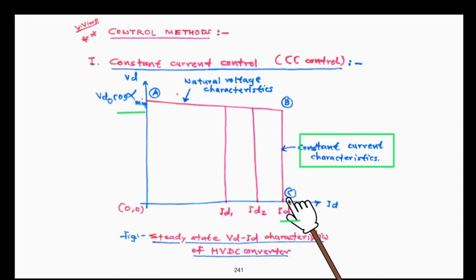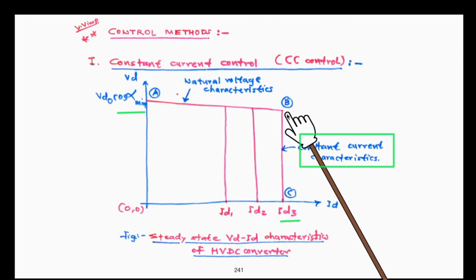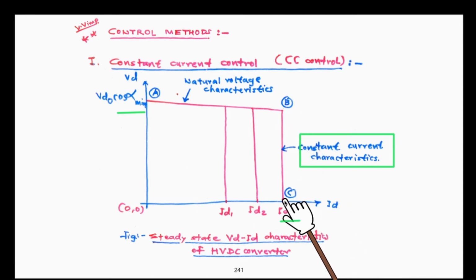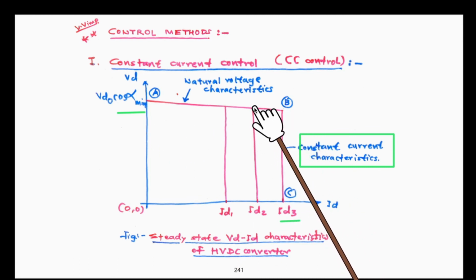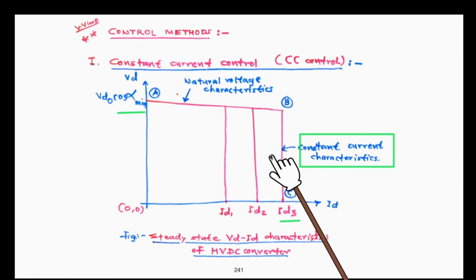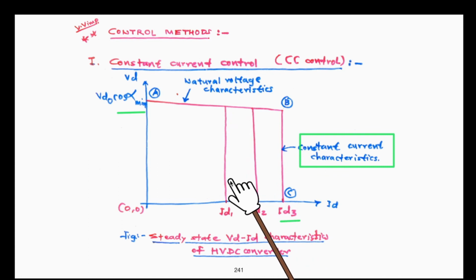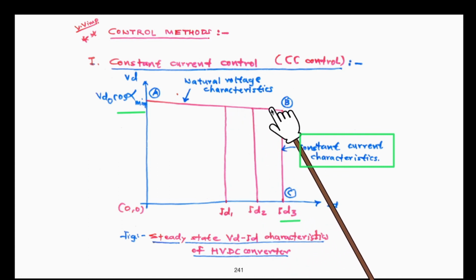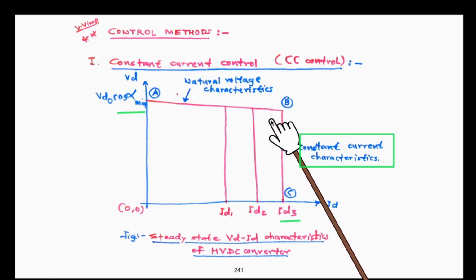This is one level. Maybe we don't want to load the thyristor up to, let us say, its rated capacity. For a 2000 ampere thyristor, we may set the level to be 1500 ampere or maybe 1000 ampere, keeping some additional margin for overloading. Of course, it's not overloading, it is keeping some safety margin.